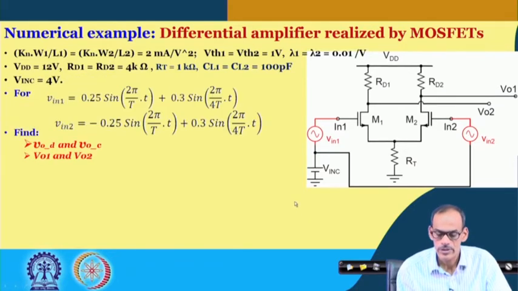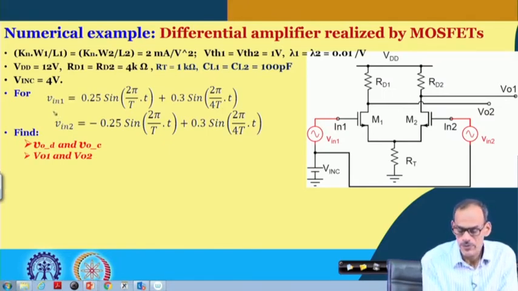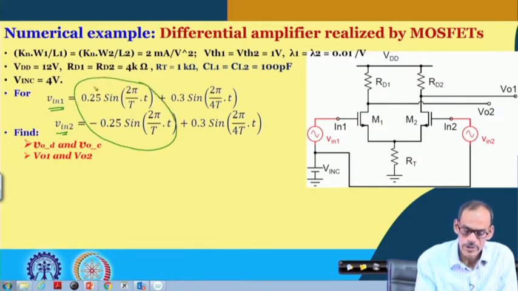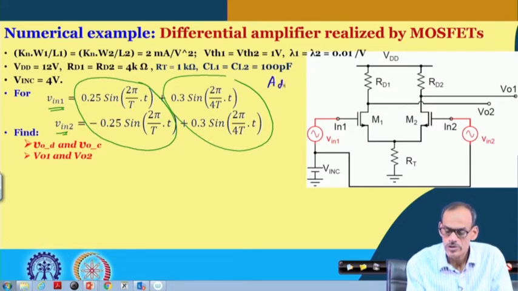So, in the next slide, here we have Vin 1 and Vin 2. Again here it has the differential signal and the corresponding common mode signal, and you may recall that AD equals 8 and AC equals minus 8 by 5.